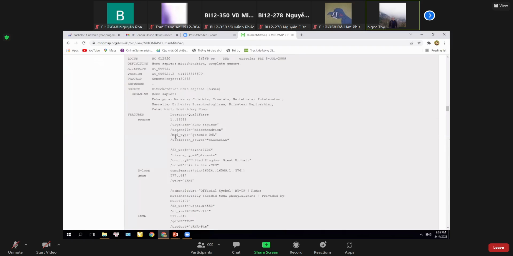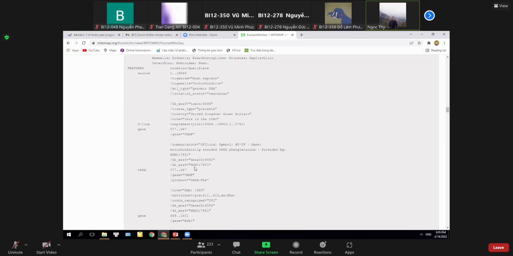For example, we have the D-loop, which has two regions: the first is from 16,000 to 16,569, and the other is from the beginning to position 576.